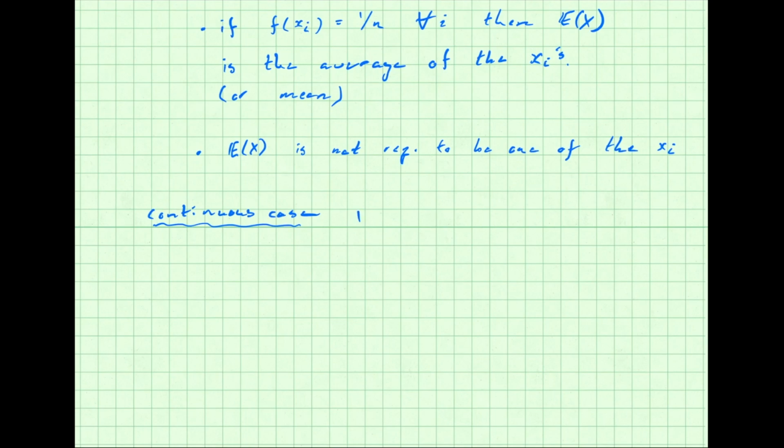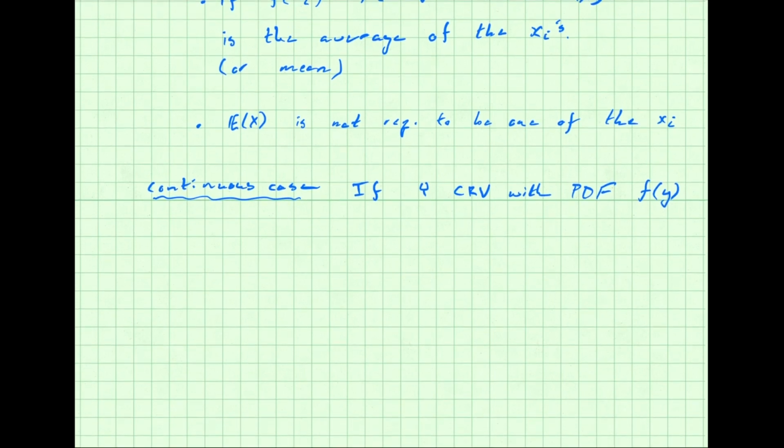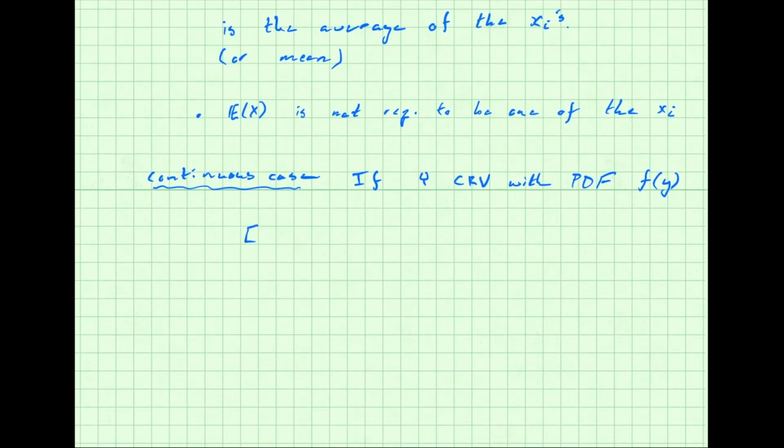We'll say Y is a continuous random variable with a known PDF, and we'll call that f of y, and hope that the context makes it clear that this is not the same function as we just wrote down before.